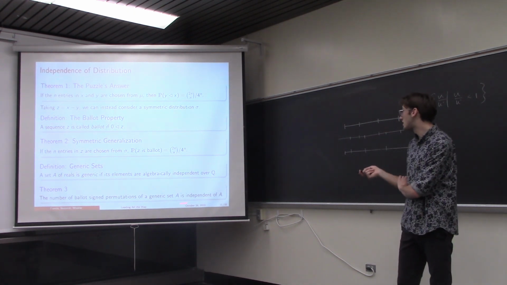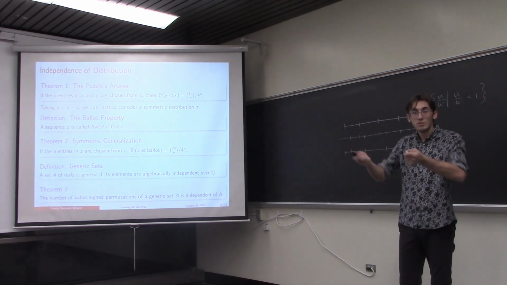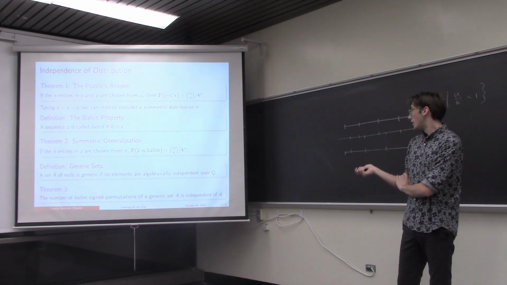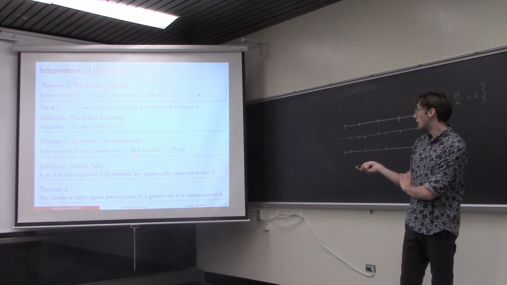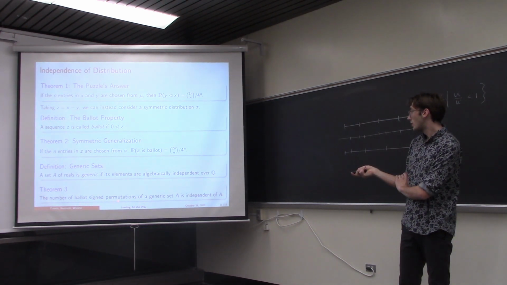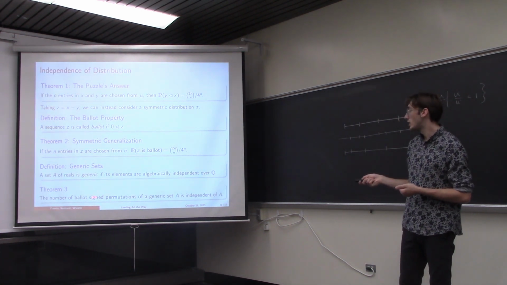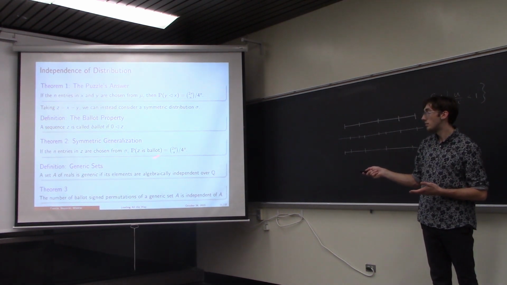So what is a signed permutation? It's a permutation of the set where we also put signs, and I'm going to write that out in a second. But I want you to see that this theorem implies theorem 2, because if you have a generic set and you look at all of the signed permutations, count the number that are ballot, and divide by the number of signed permutations, then we get this probability.